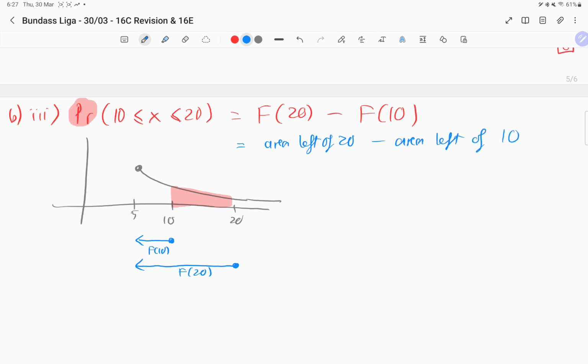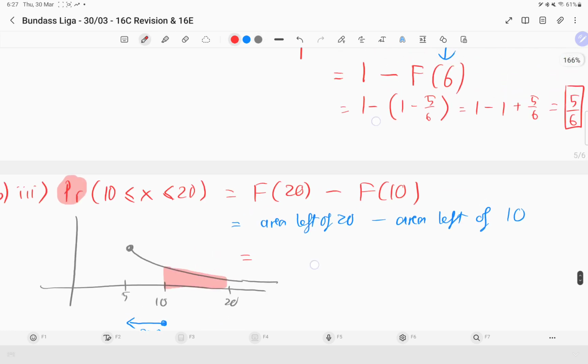So area left of 20 is that whole section there, the whole section in blue. And then area left of 10 is the whole section in gray. Wait, hang on, I can change this. Yeah, this one will be the whole section in gray. It's a bit hard to see, but it looks something like that, right? So that would be the area from 10 to 20.